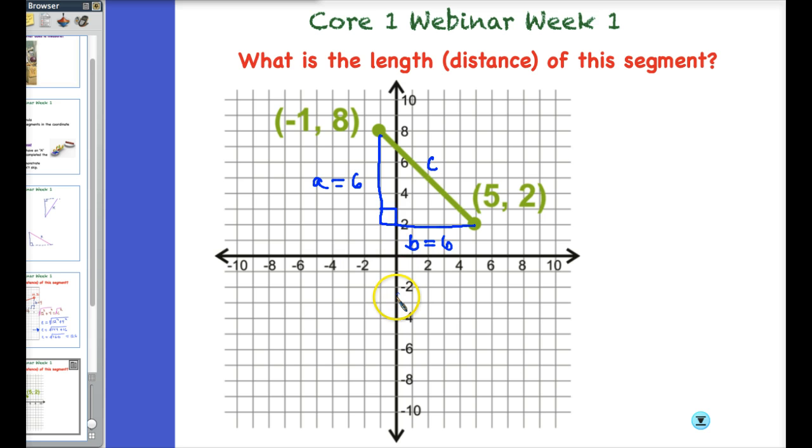Now that we have 6 and 6, and if I look at what you did, Cece squared each of these and Danny squared each of these. That's exactly what you want to do, but now we have 6 squared plus 6 squared, and that will help us to find C squared. I'm going to solve this normally first, and then we'll tie it into the distance formula. Well, 6 times 6 is 36.